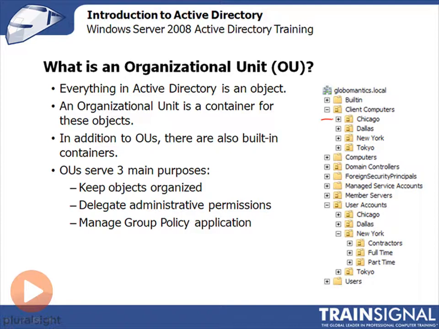You will learn that these group policies are applied at different levels in the Active Directory hierarchy, one of those levels being the organizational unit level. So again, maybe there are some settings that I want to have in place specifically on all the client computers in the Chicago office. Well, group policy may be applied to that Chicago client computer OU.